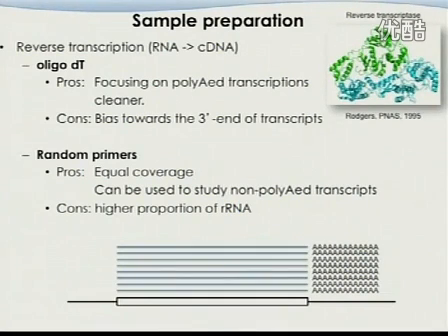Tomorrow somebody discovers another type of non-coding RNA or coding RNA without being polyadenylated. Who knows? And then those information will not be in your data if you use oligo-dT to do the reverse transcription.